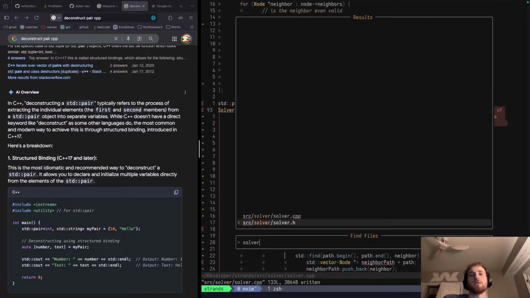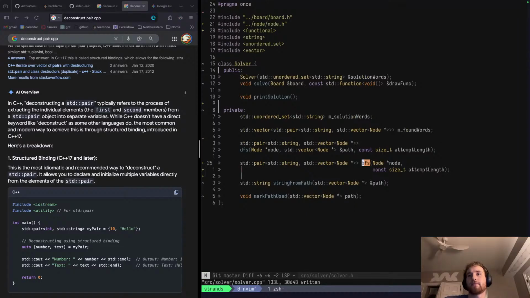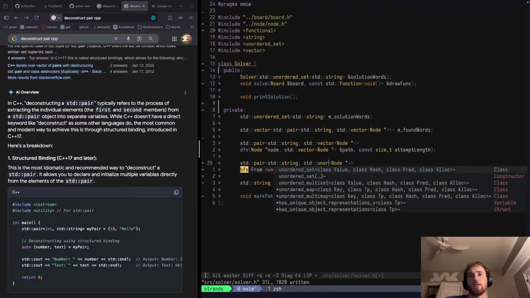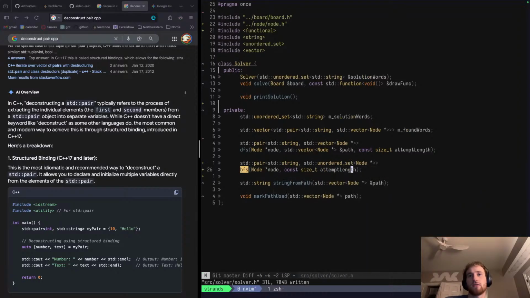What's happening here? Oh, okay, yeah. You can just be an unordered set. Unordered set. This should not be camel. Whatever.